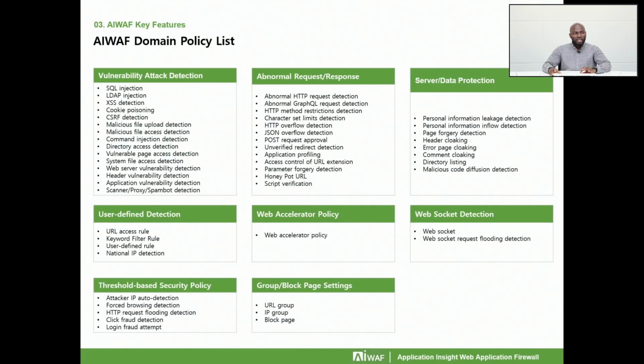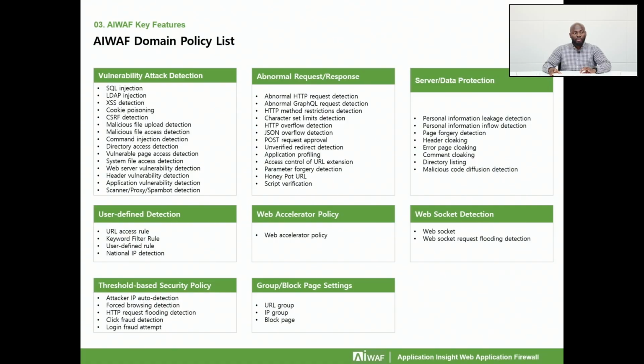So as you can see, we have 8 different groupings of the policies. We have the vulnerability attack detection, which basically is your WAF's top 10 and more. We have your user-defined detection, where users can specifically create their own rules for specific domains.